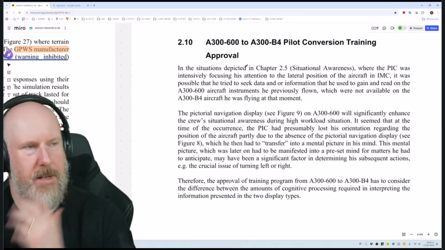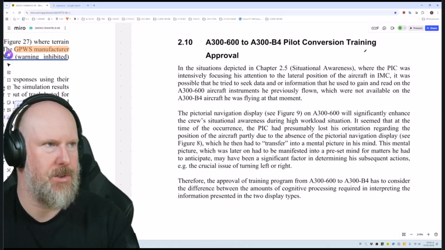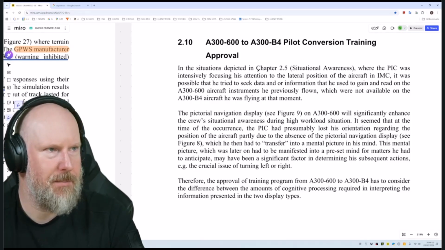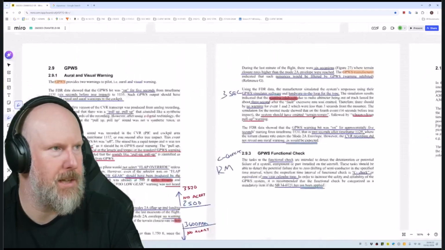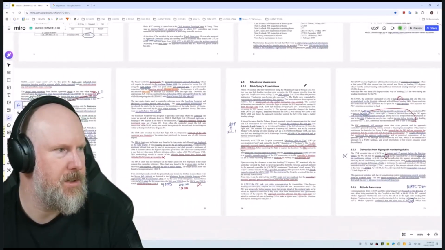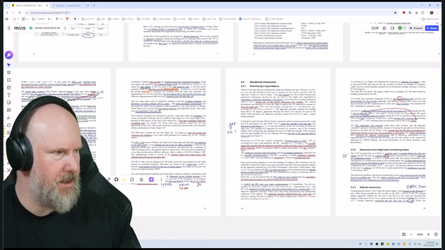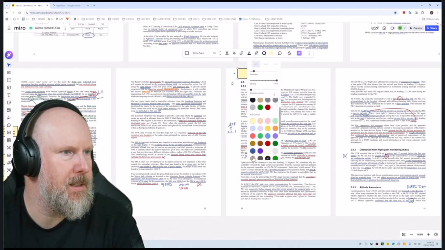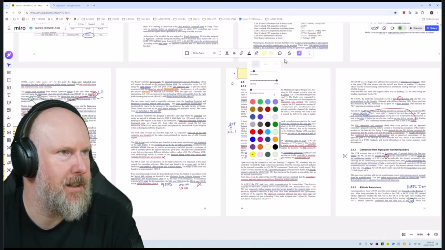A300-600 to the A300-B4 pilot conversion training approval. In the situations depicted in Chapter 2.5, Situational Awareness, let's have a look. 2.5, Situational Awareness. Right, let's just steal one of these. Let's make it a nice yellow.